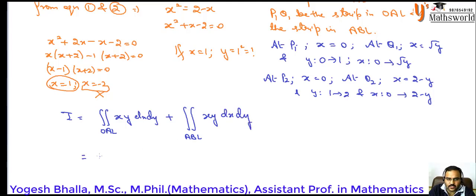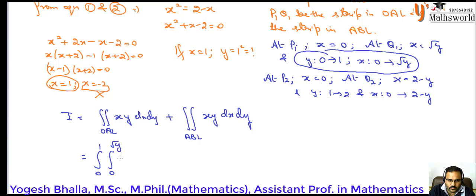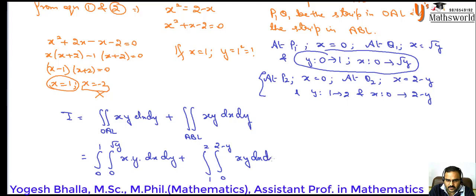In area OAL these are the limits: x is dependent, so it will be the innermost, and y is constant, so it will be the outermost. So y from 0 to 1, x from 0 to root y, of xy dx dy, plus, in area ABL, y from 1 to 2 and x from 0 to 2 minus y, of xy dx dy.